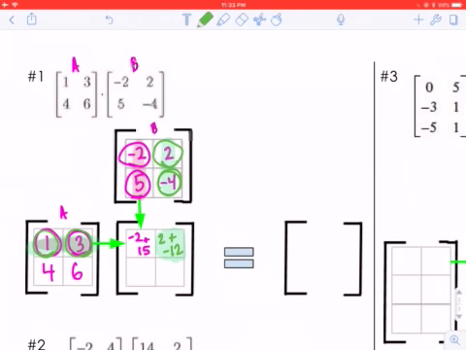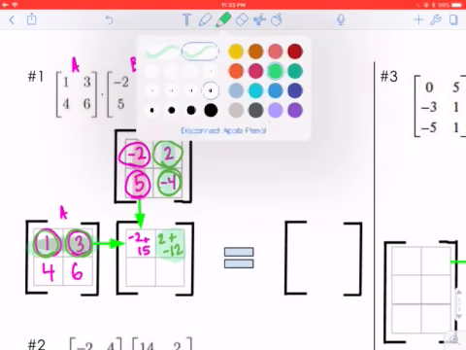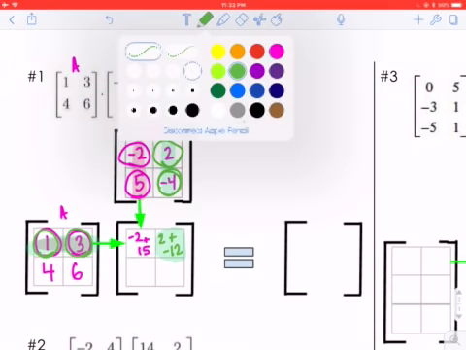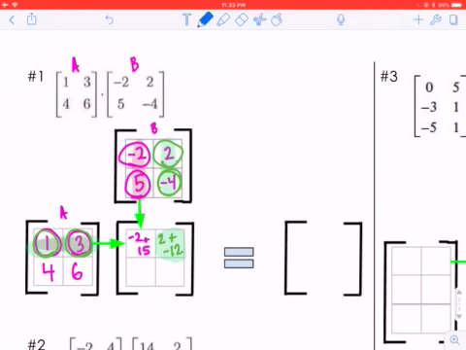Okay. From there, I'll use blue this time so we can keep track. So for blue, in order to get this one here, let me go ahead and erase that. In order to get this one here, I'm going to do this and these. So I'm going to do -2 times 4, -8, plus 6 times 5, which is 30.